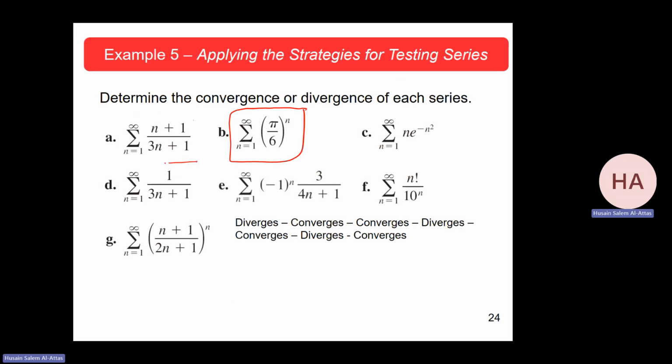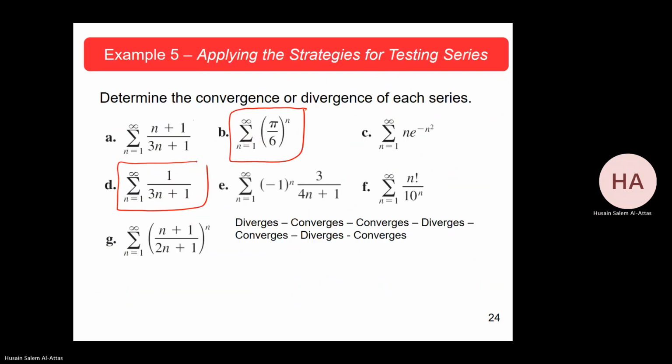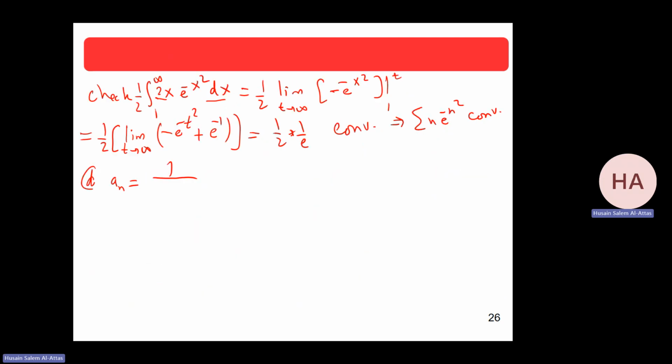This one, what shall come to my mind? Yeah, if you have function over function, then you can think of the comparison test or the limit comparison test. The limit comparison test makes it easier. a_n is 1 over 3n plus 1. So limit comparison test with b_n equal 1 over n.